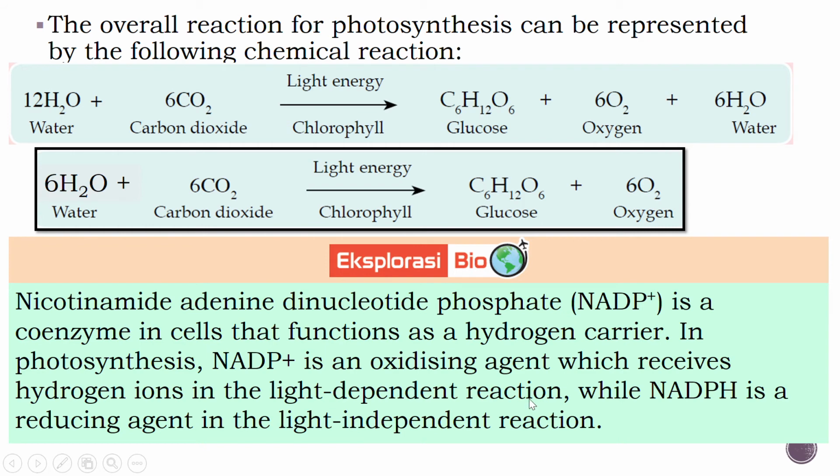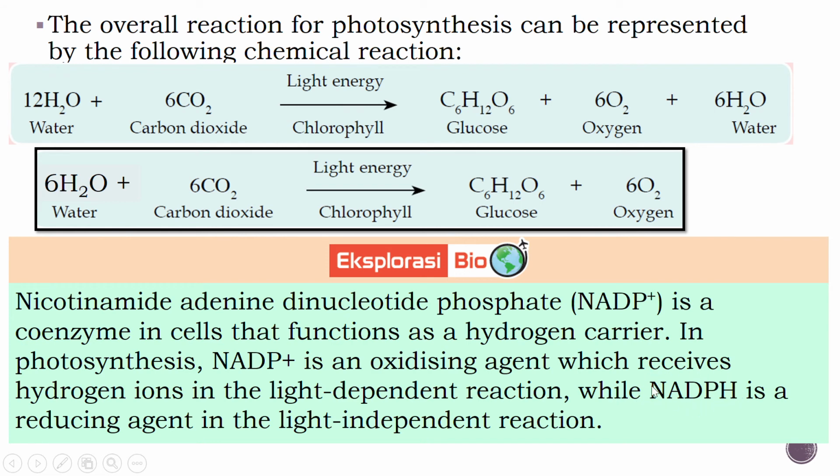Okay, so what's this about? This is to introduce you what is actually NADP+. Is a core enzyme in cells that function as a hydrogen carrier. Okay, so tadi it serves as an oxidizing agent by receiving hydrogen ions yang terhasil daripada light-dependent reaction just now. Okay, once it binds to the H+, it becomes NADPH.